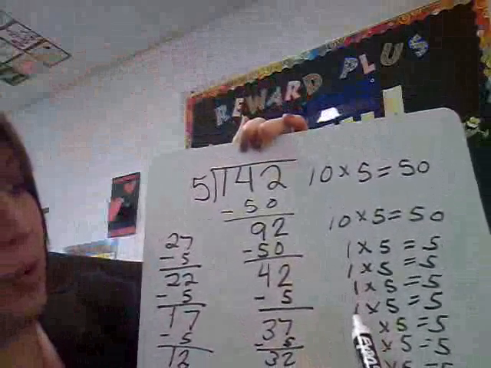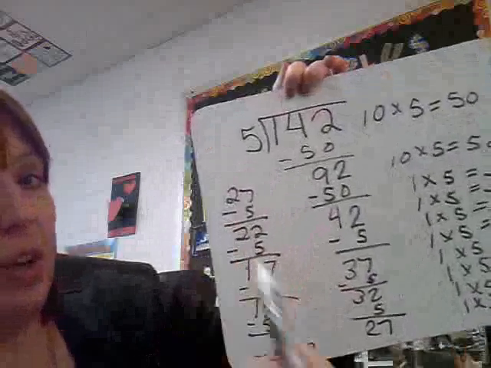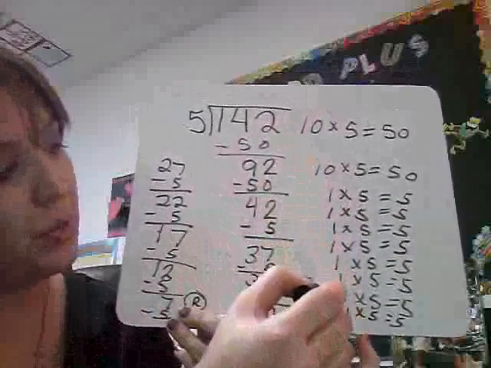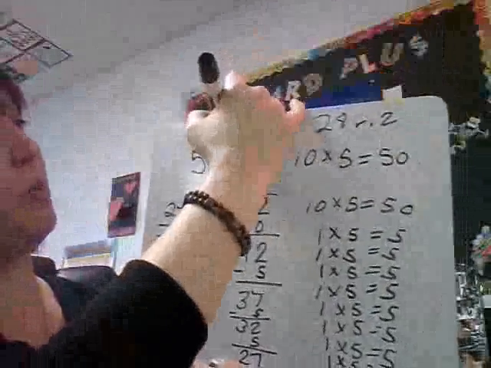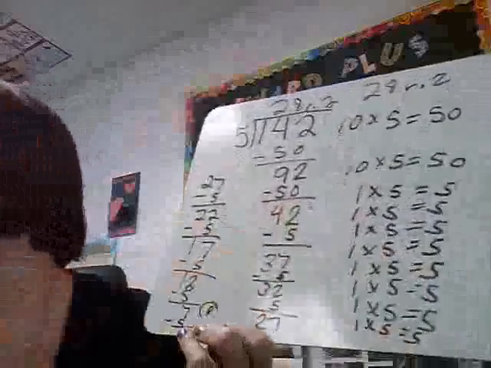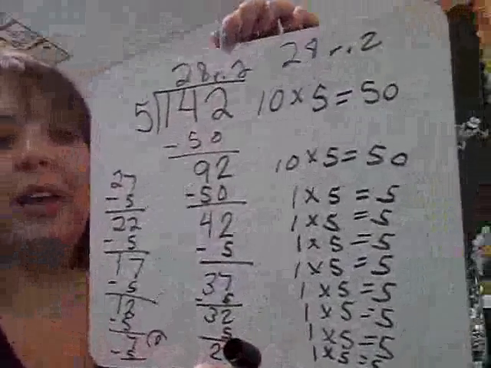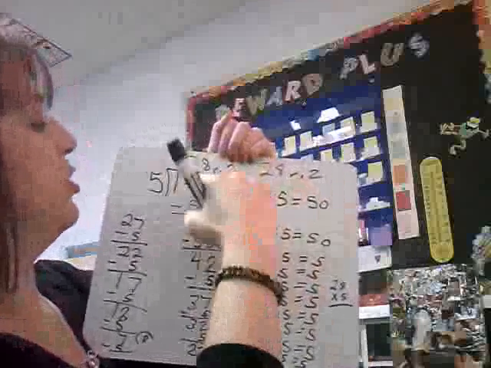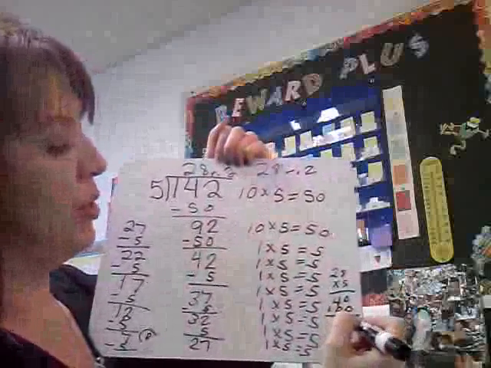So now, instead of 10 times 5, we're going to do 1 times 5 equals 5. Now, if they can think 8 times 5 is 40 and go straight to that, that's fine. But if they're not ready, that's okay. So we have 37, 32, hope I'm getting this in the shot, 27.